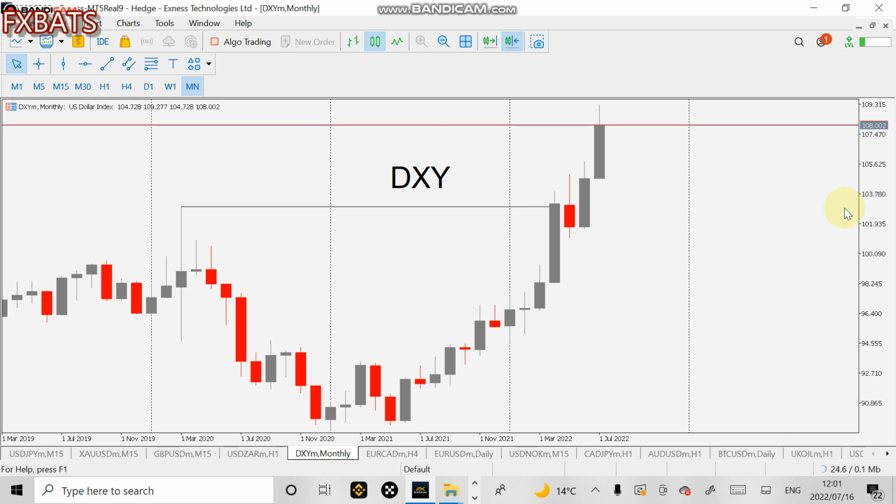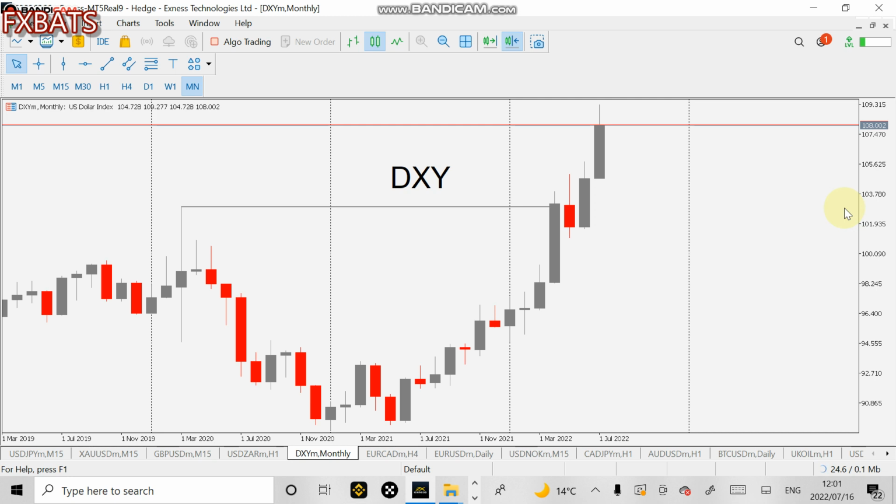As you see, a DXY is some sort of a currency, but to me, it's an index. By definition, I can just say it's the US dollar index. It's a typical index of the value of the United States dollar, the index which gauges the value of the United States dollar.